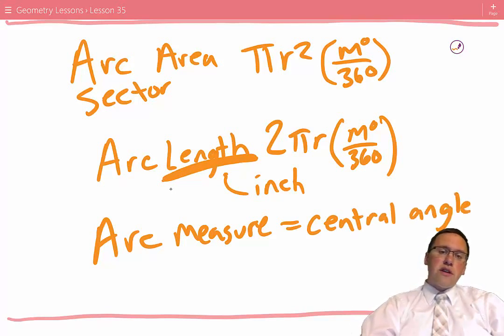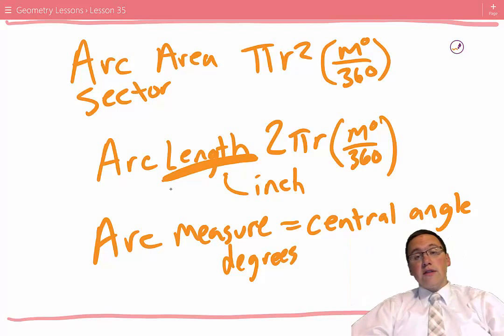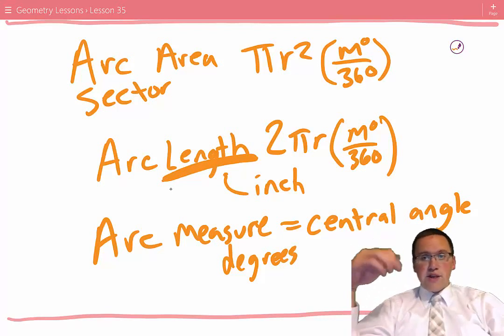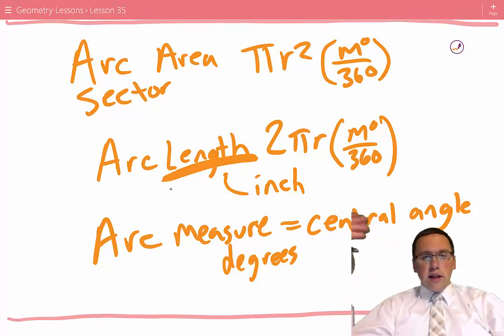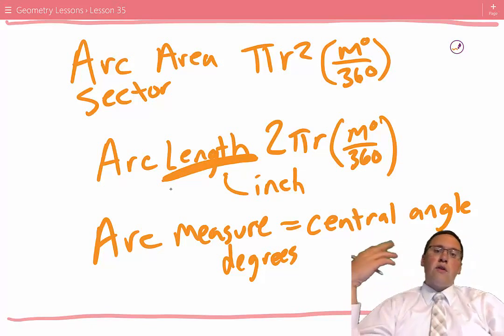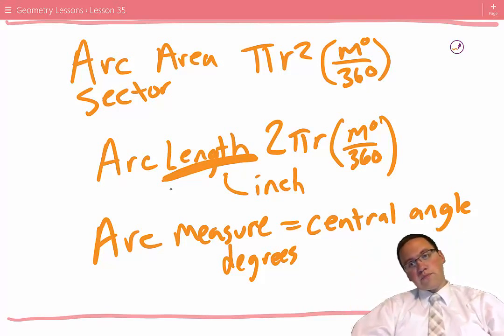That's going to be in degrees. So that's maybe the one other thing to learn from this lesson. Remember the difference between measure and length. Measure is in degrees when we're talking about arcs. Length is in inches or feet or yards or whatever unit is being used in the problem.